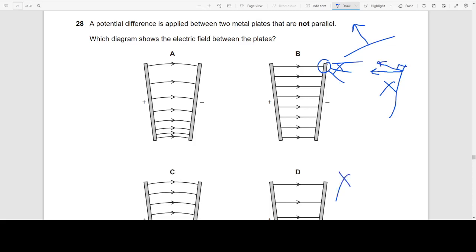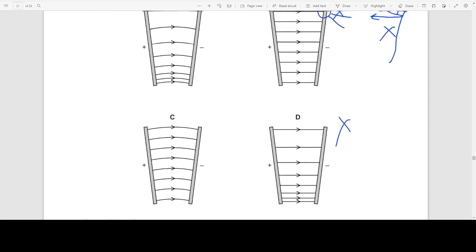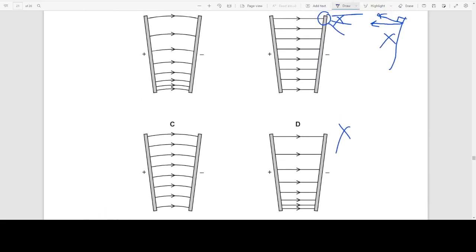Similarly, D is wrong. And C is also wrong, because the distance between electric field lines is not constant.